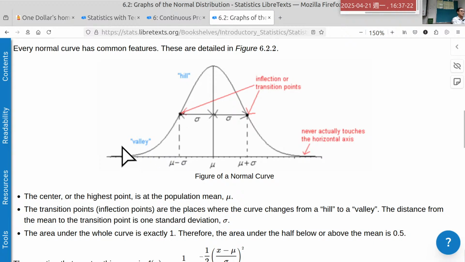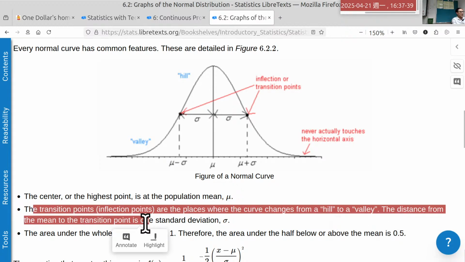For example, a valley here, and here is a hill. It's a transition point from hill to valley. Can you imagine that?